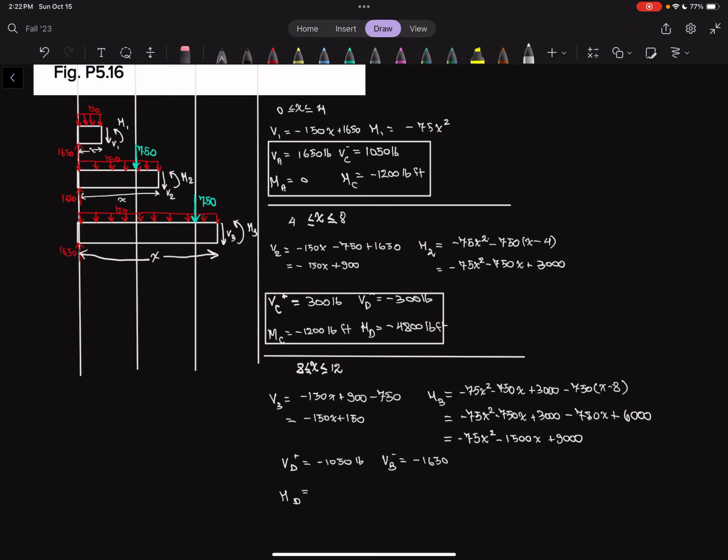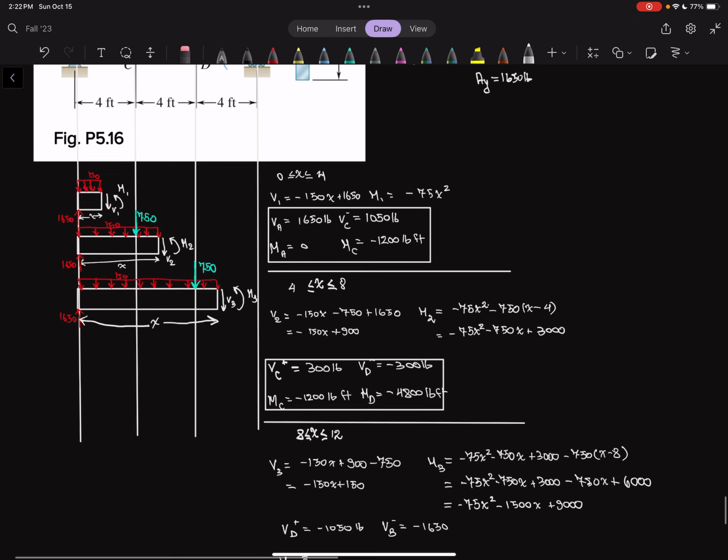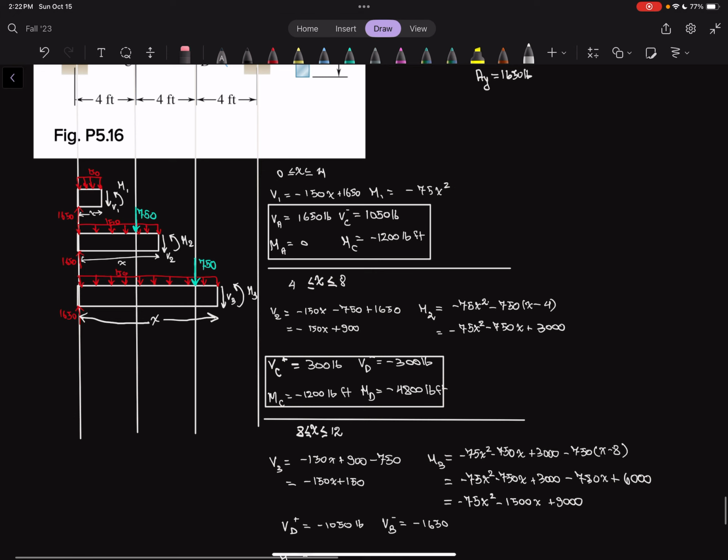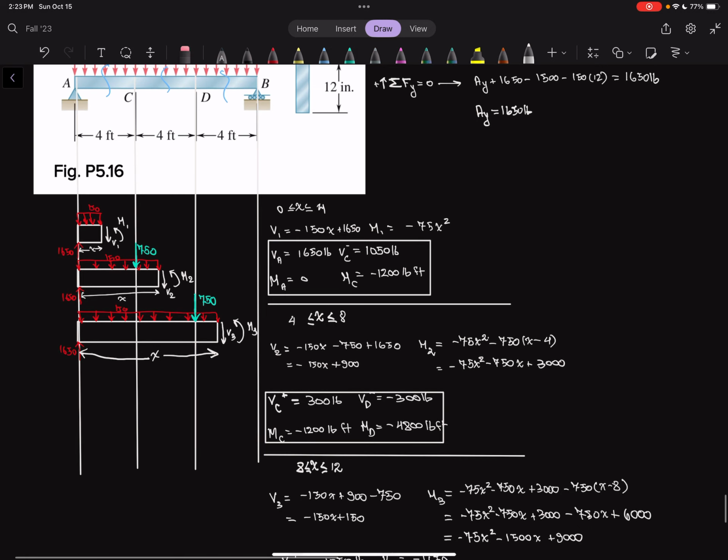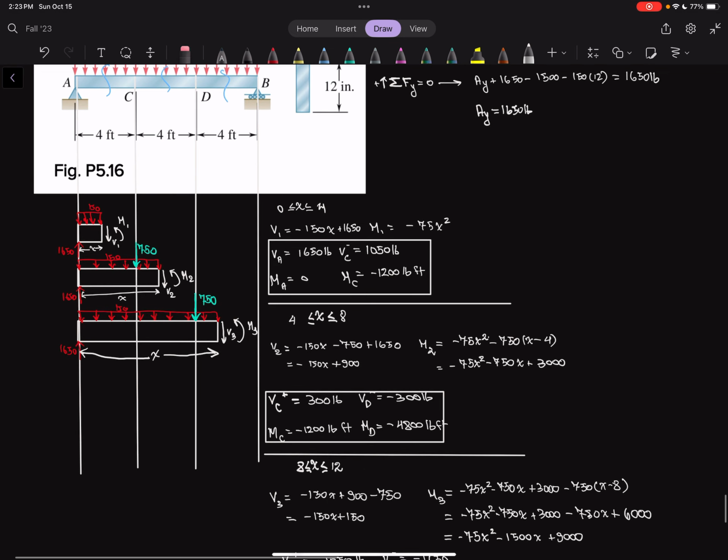I have to find it. Okay, I found it. It looks like the first expression for V1 is 1650 minus 150x, and that's what I had. And then here, that's where we made the mistake.